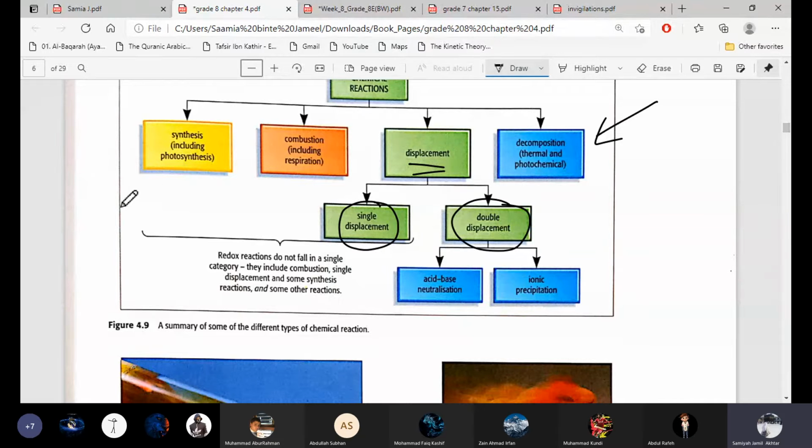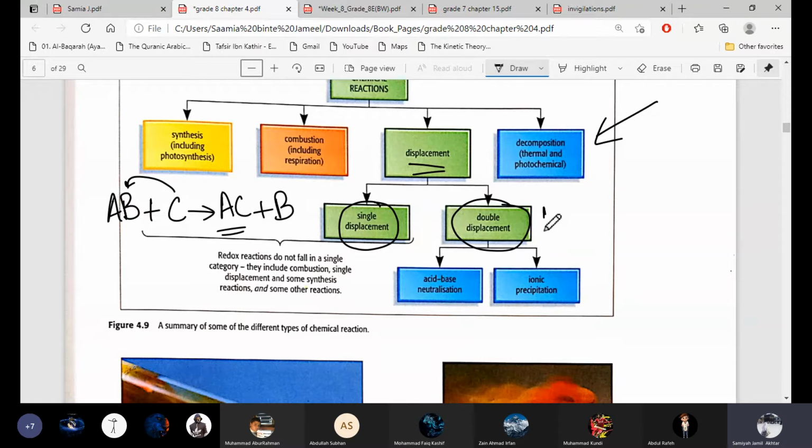For example, we have AB, a compound, and C is attacking it, which is more reactive. So C will displace one element, and AC plus B will come out. C is displacing only one element, so this is single displacement.